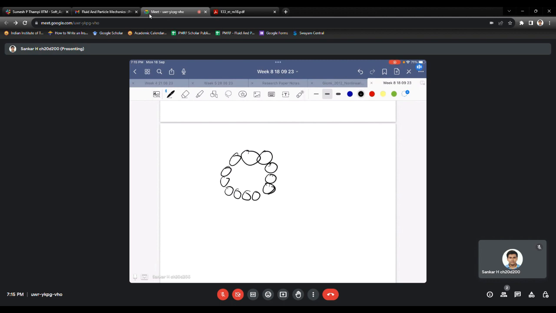Now, what is formed is a larger circle consisting of multiple circles, and let's say that the diameter of the larger circle is 3 times the diameter of the smaller circles.